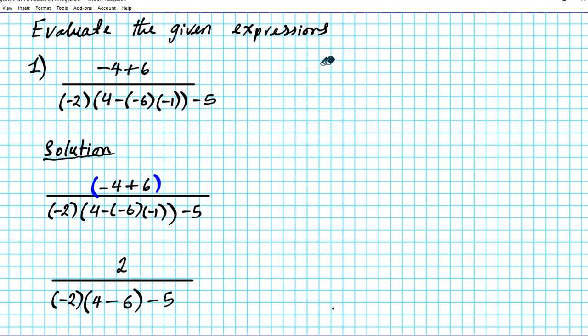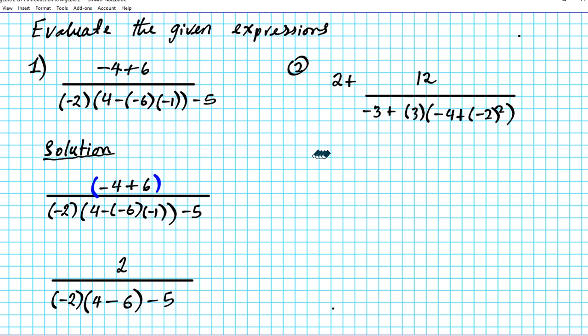Now, for number 2, what if we have the expression 2 plus 12 divided by the following: negative 3 plus 3 times (negative 4 plus negative 2) squared, something like that.